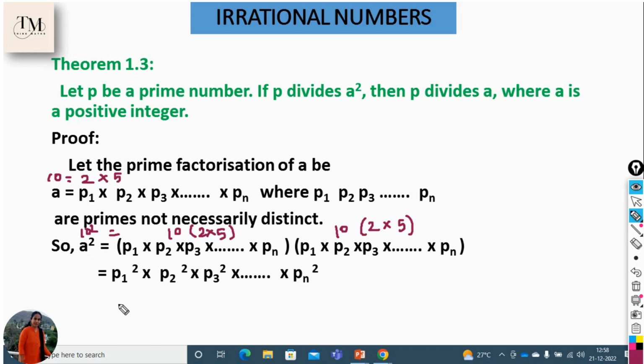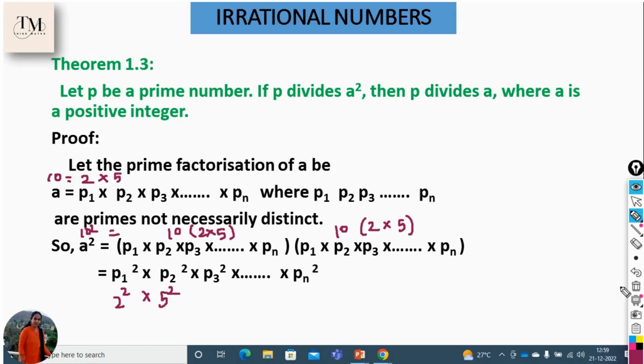So this is nothing but p1 square into p2 square, that is, 2 square into 5 square. This is what we did using numbers, and the same is repeated here using the values p1, p2, etc. pn and a. We have to prove that p divides a if p divides a square.